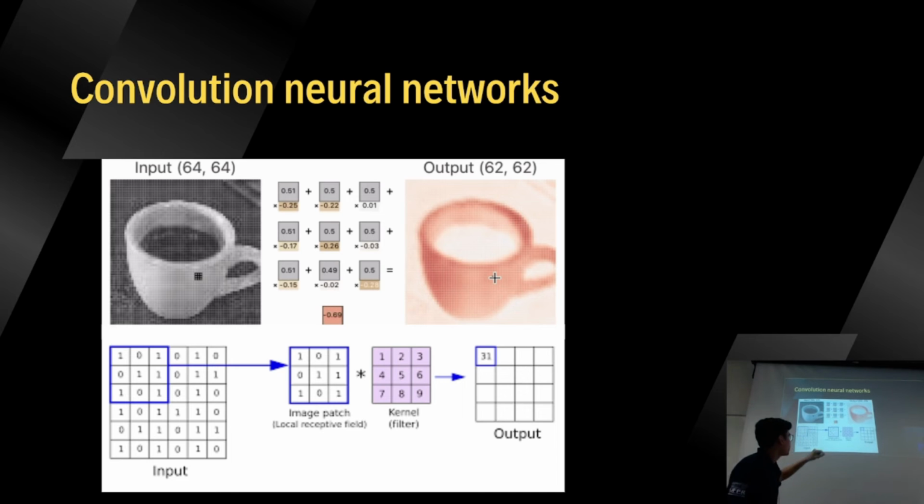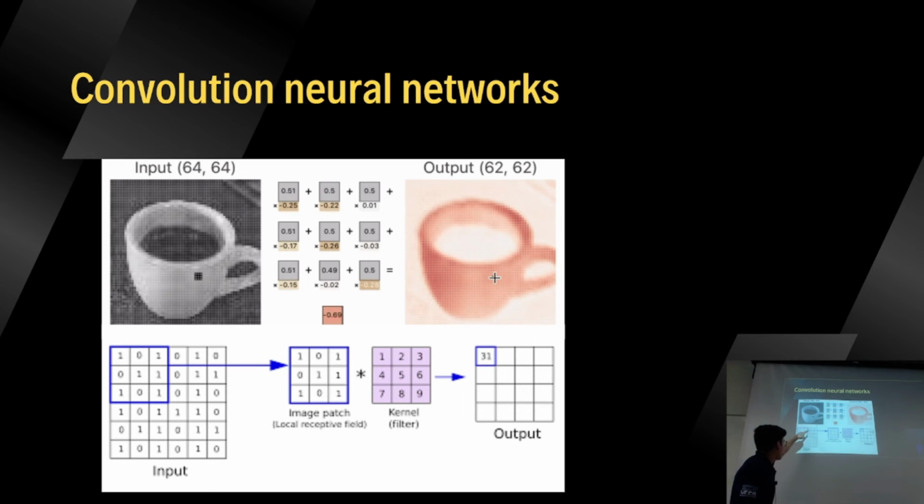In this corner, I have to multiply all these values of the image with this kernel, and it will give us an output that is 1 pixel here. So if I multiply this corner with this kernel, I get this 31.